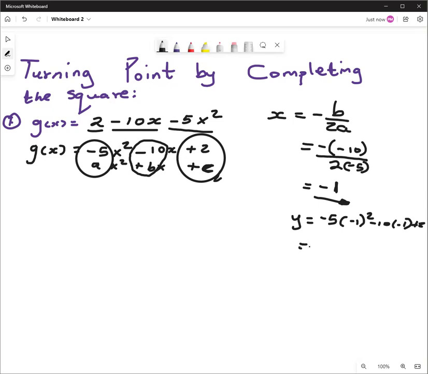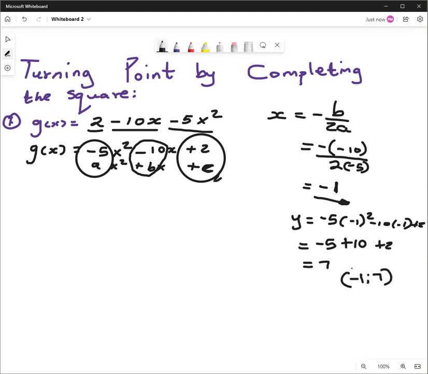This becomes negative 5, and then here I'm going to have positive 10, then plus 2, which is 12, minus 5, which is 7. So my turning point must be negative 1 and 7.